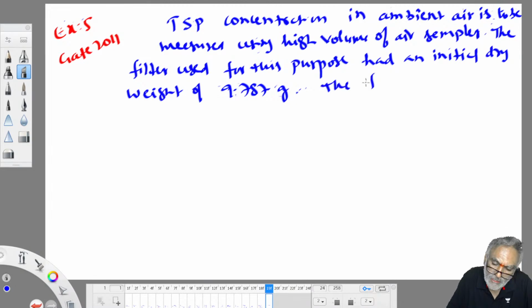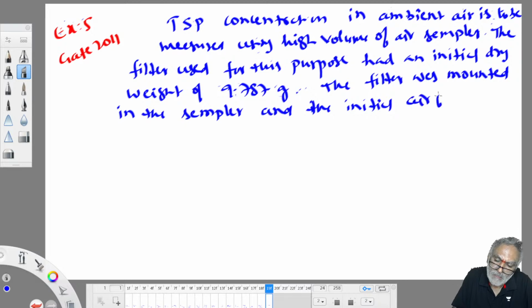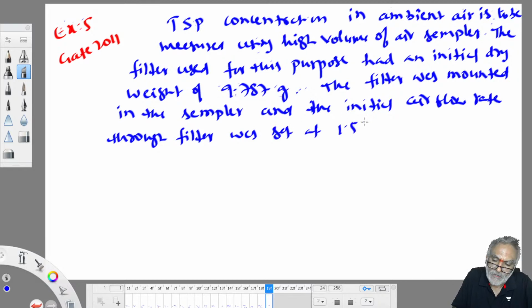The filter was mounted in the sampler and the initial airflow rate through the filter was set at 1.5 meter cube per minute.